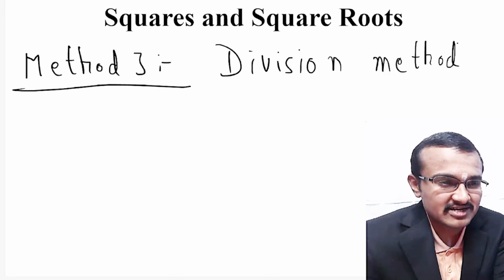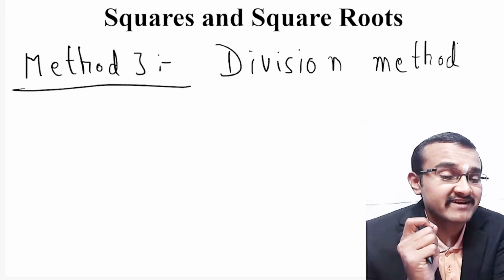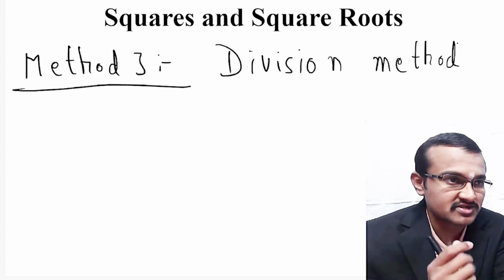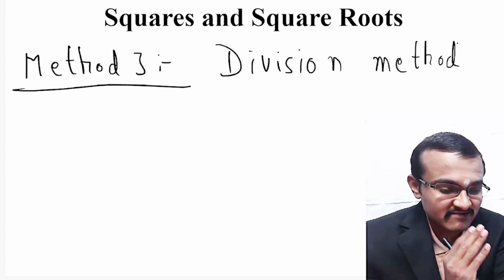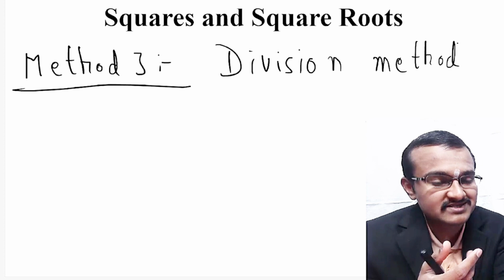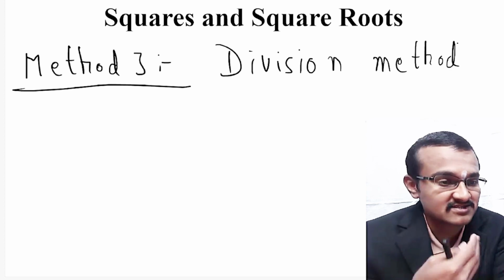In the division method, you should at least remember the perfect square numbers starting from 1 till 100, because remembering them is very easy. The first perfect square is 1, second is 4, third is 9, next is 16, next 25, next 36.